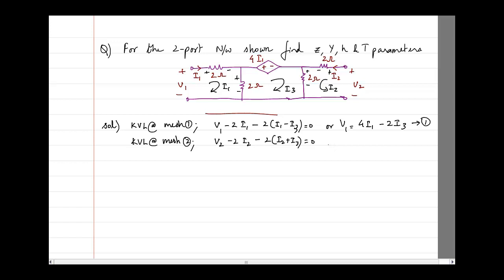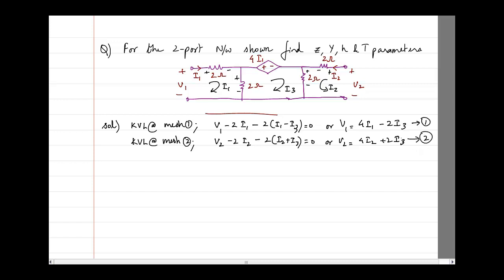Correct? So from there I will get V2 is equal to, if I take this to the other side, I will get 4I2 and minus I3 here, so plus 2I3. This I will write as equation number 2.